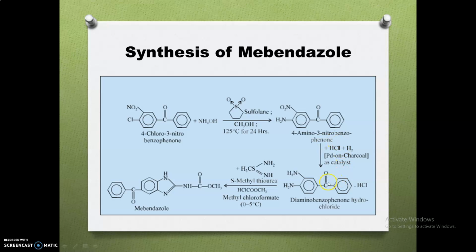The resulting product, on being treated with hydrochloric acid and hydrogenation with palladium on charcoal as catalyst, gives diaminobenzophenone hydrochloride. This on being treated with S-methylthiourea in the presence of methyl chloroformate at 0 to 5 degrees Celsius gives rise to the final drug, that is mebendazole.